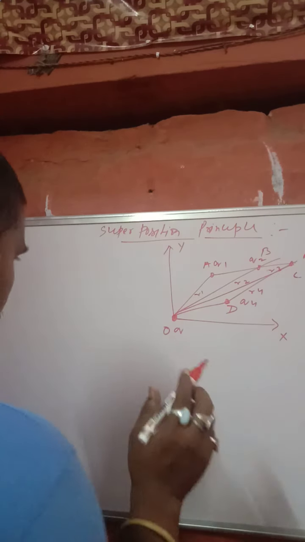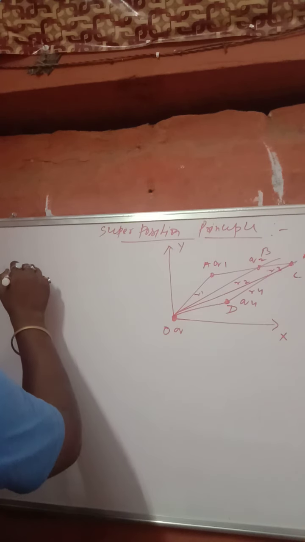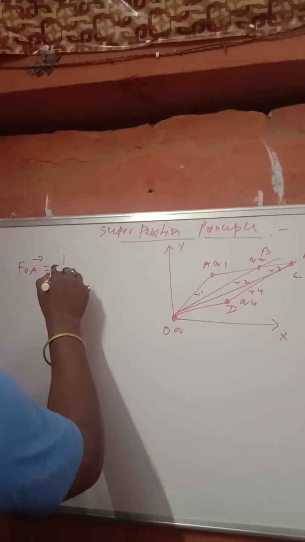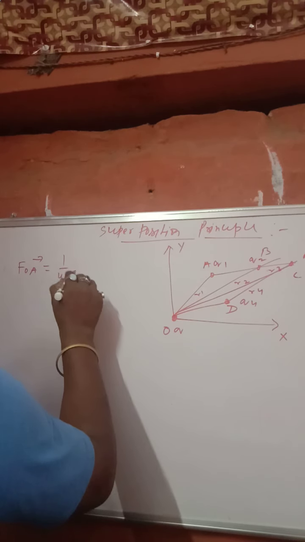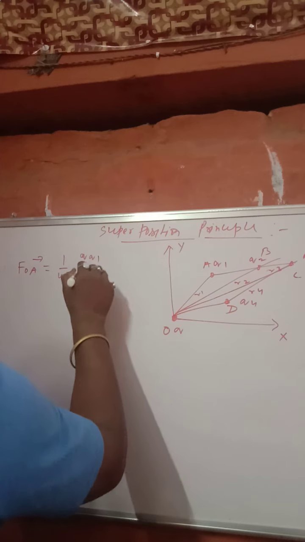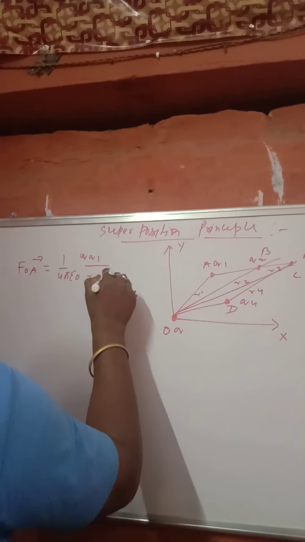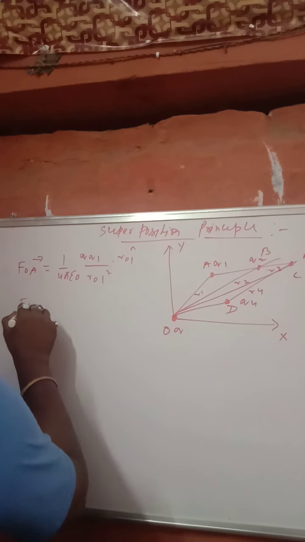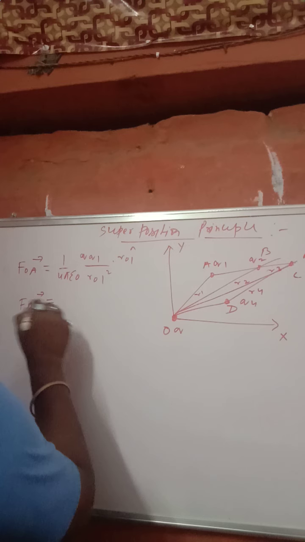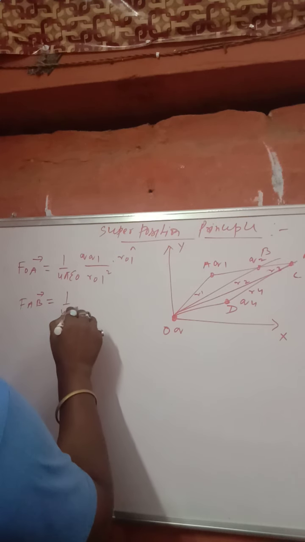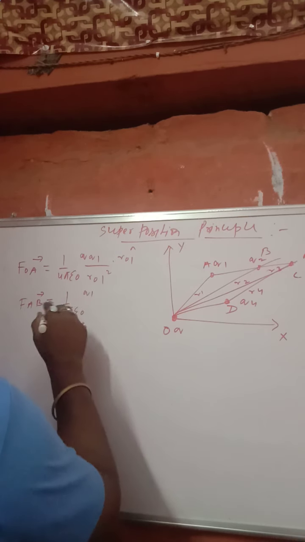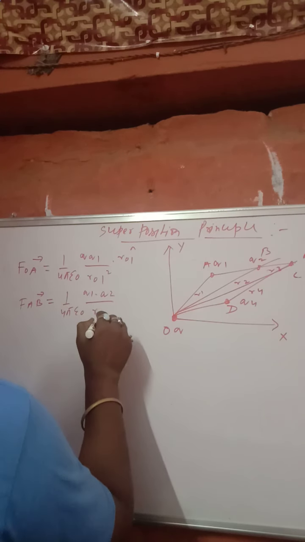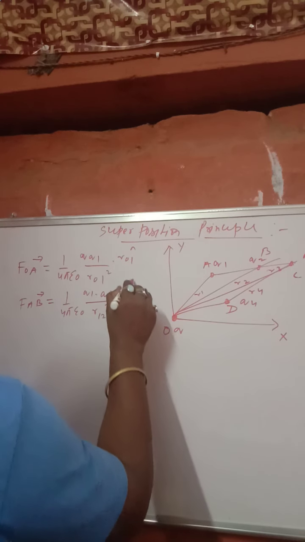Let us consider the first charged particle, the applied force FOA. By Coulomb's law, it is 1 upon 4 pi epsilon naught Q1 Q upon R01 square, R01 position vector. In the second relation, the force between the two charged particles Q1 and Q2, at distance R12, is 1 upon 4 pi epsilon naught Q1 Q2 upon R12 square, R12 position vector.